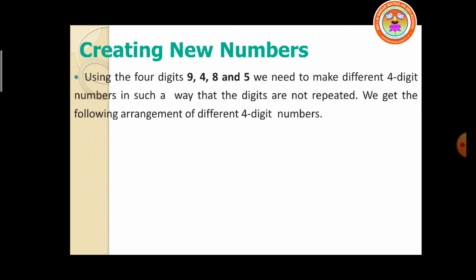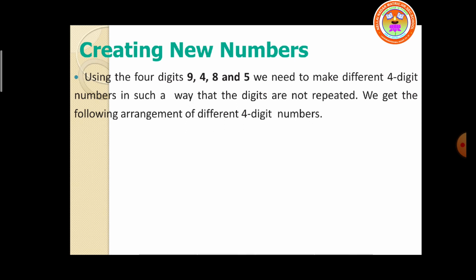Again, I am repeating. Children, please note it down, it's an important thing. 9, 4, 8 and 5. This is a 4-digit number. With this given 4-digit number, how many different 4-digit numbers can you form?